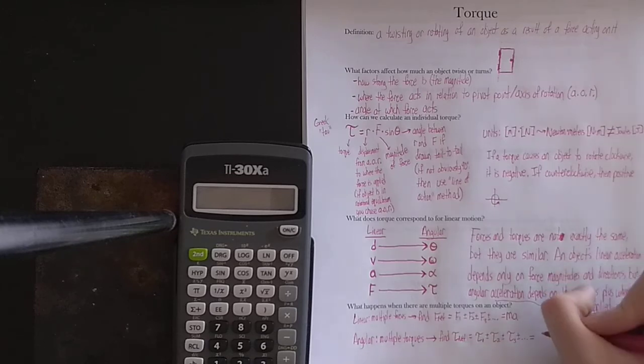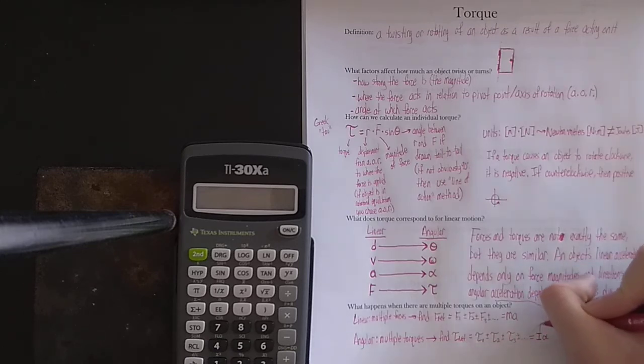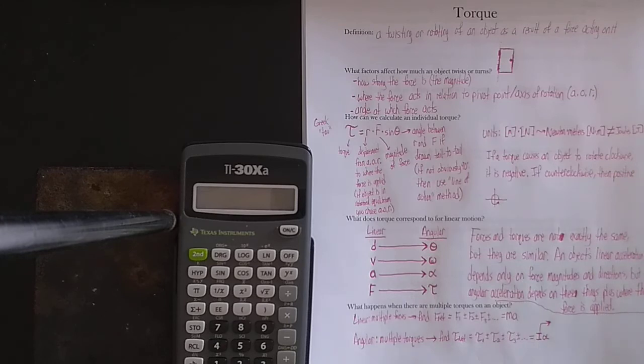It is equal to I times alpha. Now you know what alpha is. Alpha is the angular acceleration, but I needs a little bit of explanation. I is what we would call the rotational counterpart to mass. It is known as the rotational inertia.